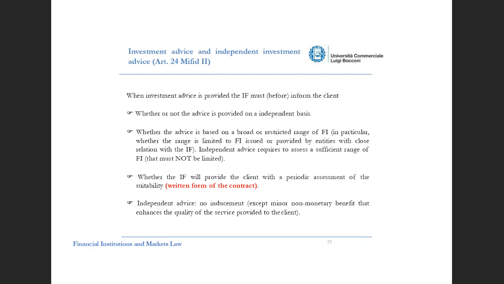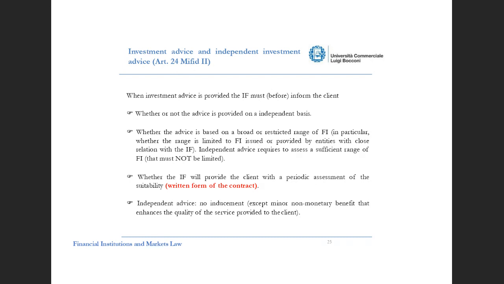And this is something that compromises independency in providing advice. So MiFID has introduced two different regimes applicable to investment advice. One would apply to independent, and the other would apply to non-independent advice.